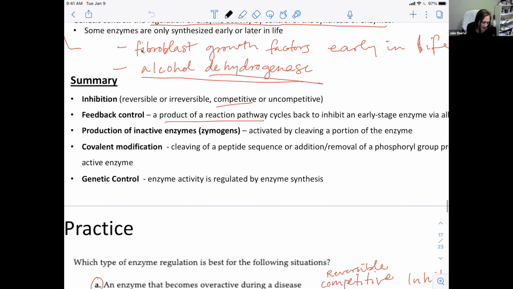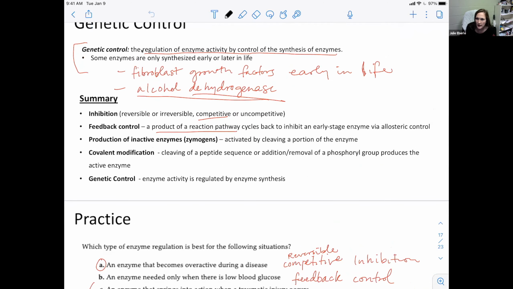Did this little summary help you at all, Abby? This was a simplified version of everything we talked about. Oh, I forgot about that one. I haven't even looked at that one. Completely forgot. I'm trying to see if there's a good example from the book we could look at really quick.